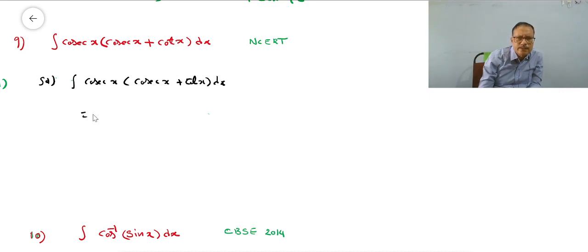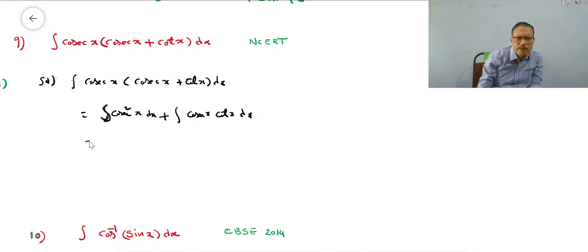So this is equal to integral of cosecant x into cosecant x, that is cosecant square x dx, plus integral of cosecant x into cot x dx.